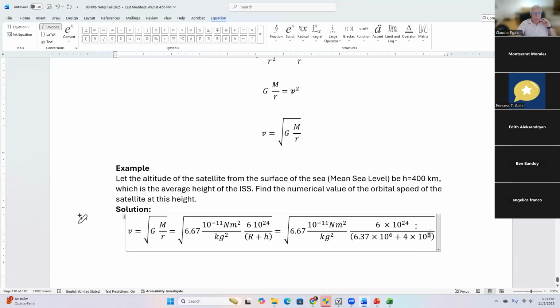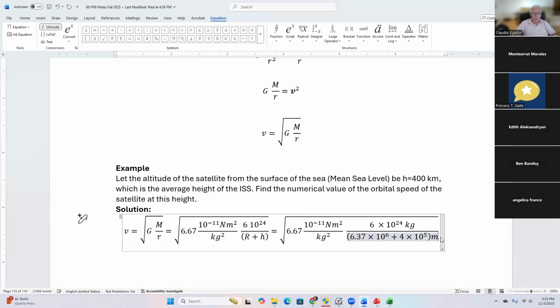The units here are kilograms. The unit here is meter. Meter cancels out this meter. Kilogram cancels out this kilogram. And then you have Newton meter per kilogram. Am I missing something here? Oh, we are talking about velocity, right?